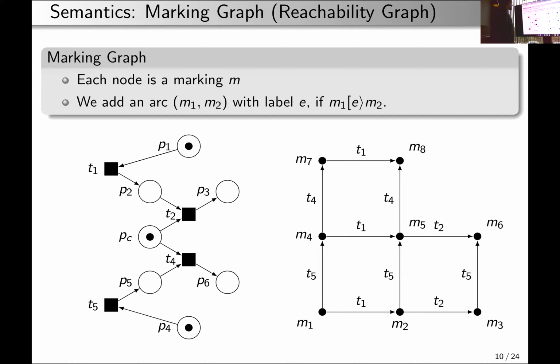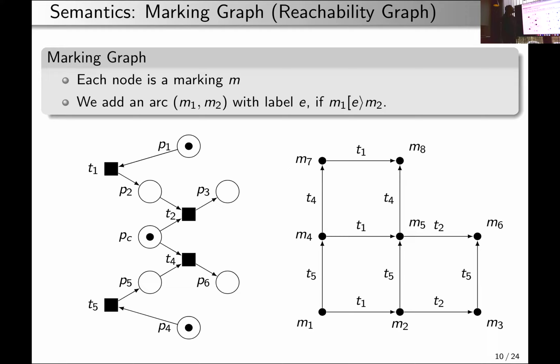And now, as I can see, at this state, both T1 and T5 are enabled. T5 has a token in all its input places, and so does T1, so they can fire. Now you can easily see that the two are independent because they share no input and output places. And since there is a state that enables both, we say they are concurrent.